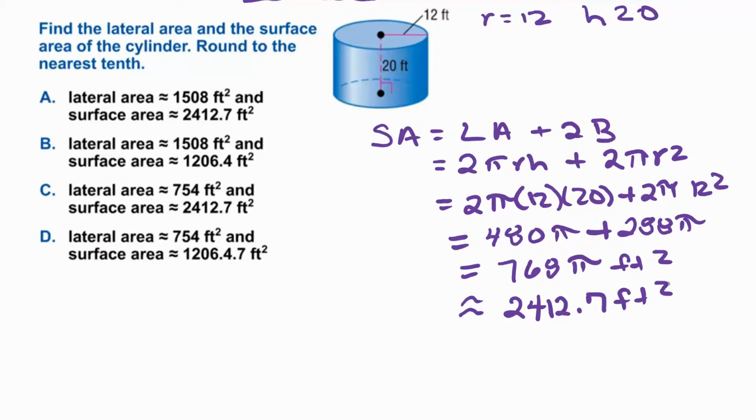The lateral area was 480 pi. Rounding that, we would get 1,508.0 feet squared. So the answer would be A.